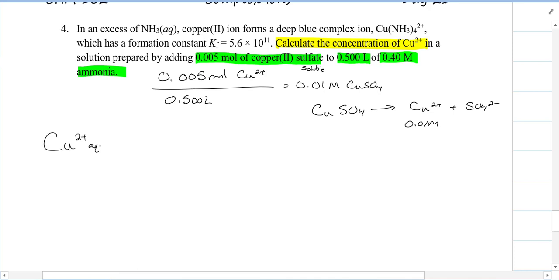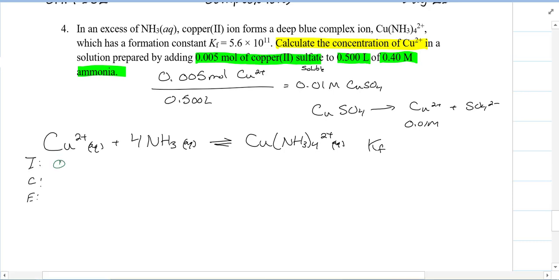Cu2+ aqueous plus, it looks like there's 4 NH3, and that goes to Cu(NH3)4 2+ aqueous with Kf. Ice table.